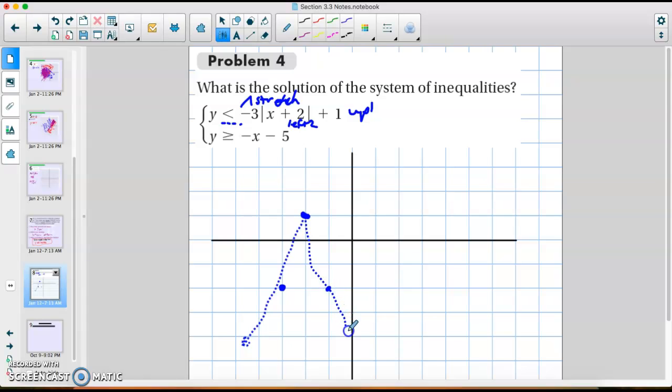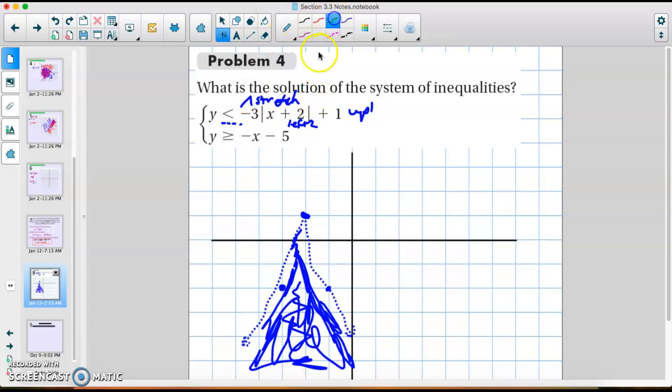So I'm doing this with a mouse, not the easiest thing to do. So there's that, and then when we shade it, it's going to be less than, and so it's going to be inside of the absolute values.